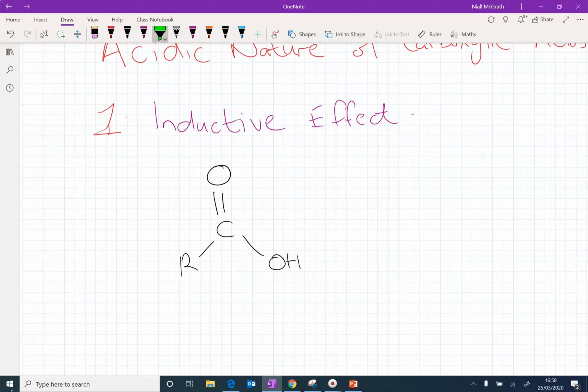This C double bonded to oxygen draws electrons away from the OH part of the molecule. That means that this H+ isn't as tightly bound. It doesn't take as much energy for that to be lost. Okay, so the proton there can be lost much more easily due to that inductive effect.